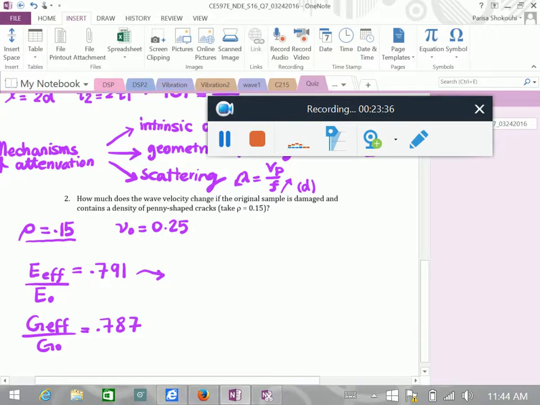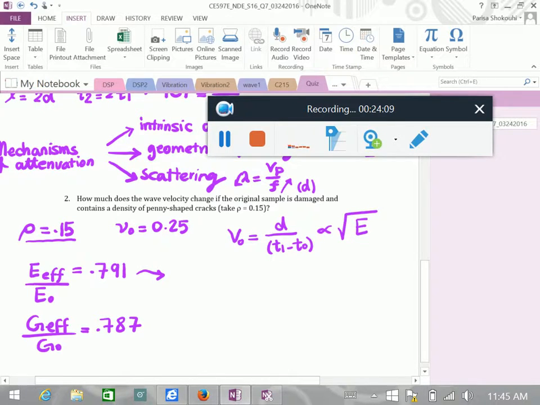Now with this, can you answer this question? What would be the change in velocity? So the velocity of the original sample, if we call this V0 for the original one, was d over t1 minus t0. And you know that the velocity is proportional to the square root of E. However, this is three-dimensional, so there is also Poisson's ratio.